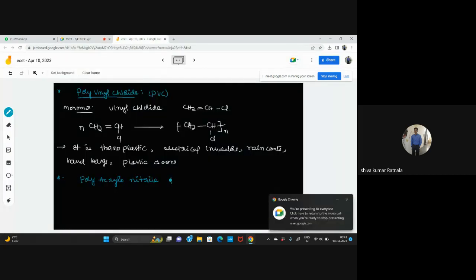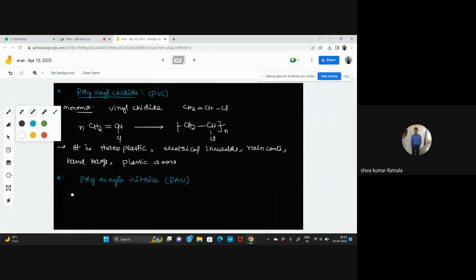Polyacrylonitrile, that is PAN. In this one, the monomer unit is acrylonitrile. That is this.